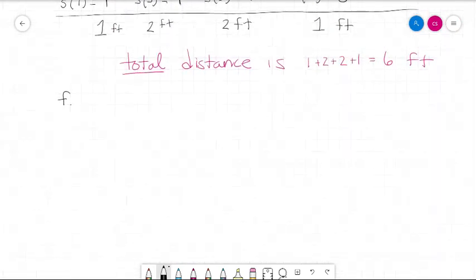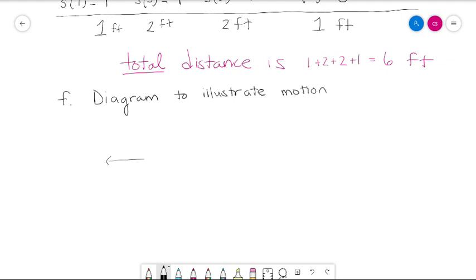So when we draw our diagram to illustrate motion, not position, but motion, again, we're going to be oscillating our position function. I'm going to draw it a little bit lower, actually. Our position function is going to be oscillating between just -1 to 1.